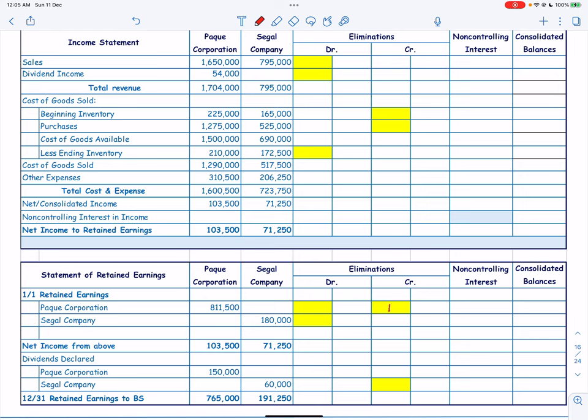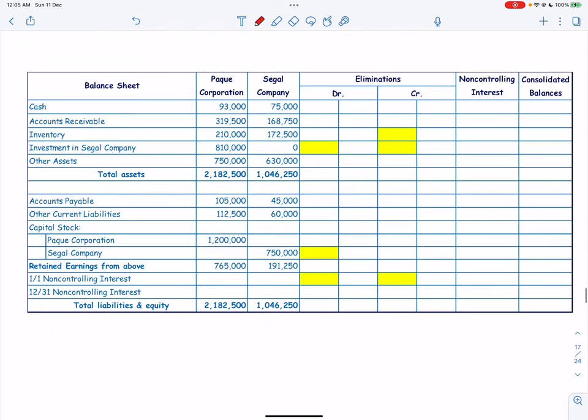And this is for 27,000 credit, the beginning retained earning, and investment is going to be debit, and investment will be in the balance sheet. That is work paper entry number 1, and that is 27,000. Okay.